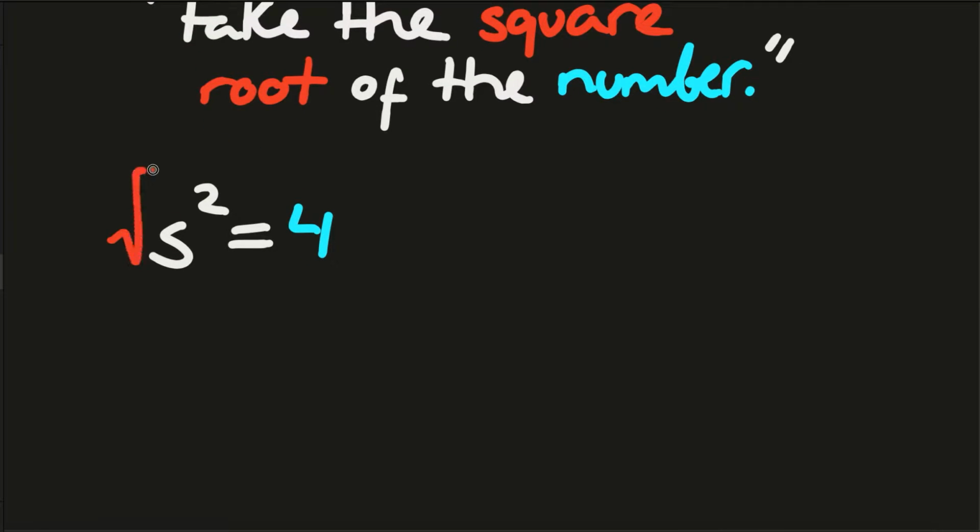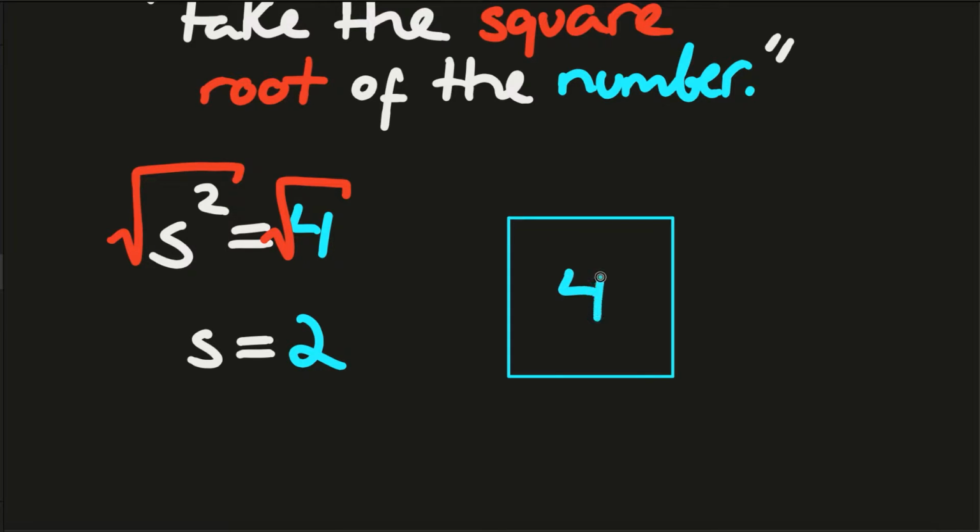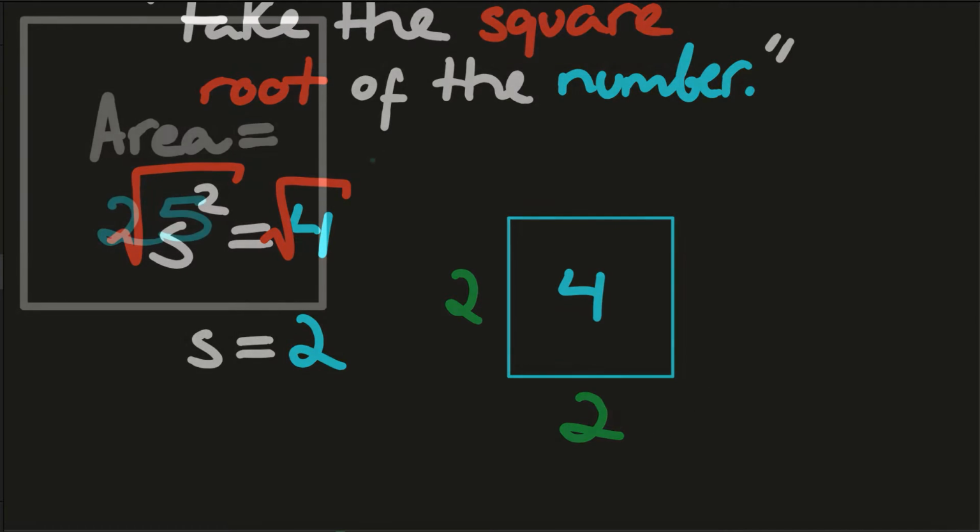By taking the square root of both sides, we would be left with the square root of 4 equals 2. And we can quickly verify this by creating a square with an area of 4, meaning that each side would have to have a length of 2.